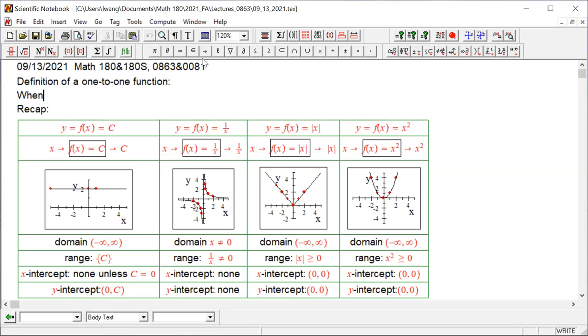Whenever x sub 1, whenever the inputs are different, their outputs are different also.